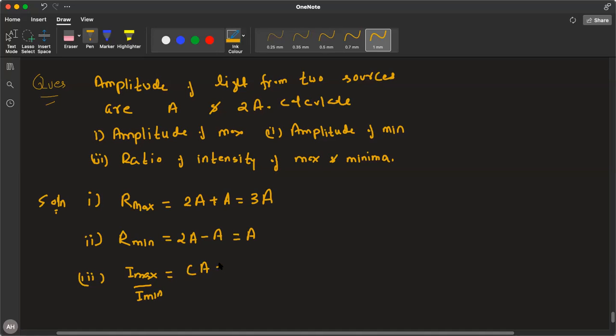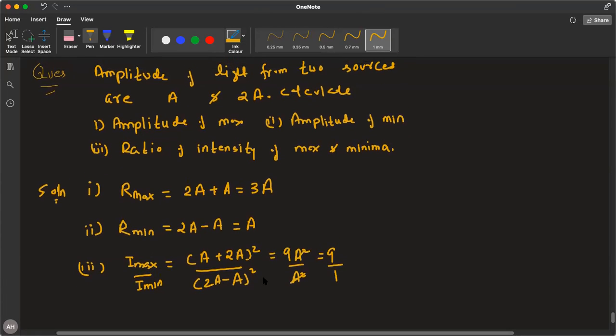So it will be (a plus 2a) square divided by (2a minus a) square. So that's 9a square over a square, which gets cancelled out. So it will be 9 by 1. So the ratio is 9 by 1, the maximum versus minimum intensity.